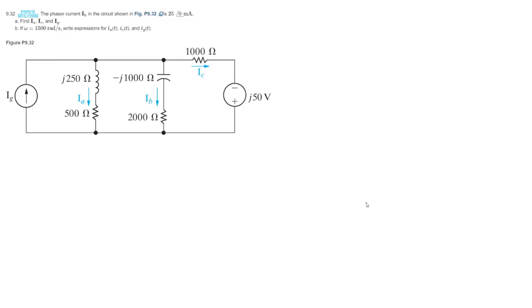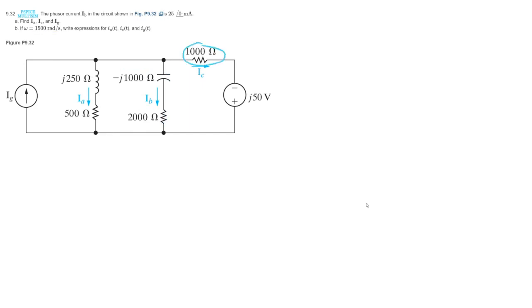Our next problem seems a little intimidating at first with all these components, but it's really not too bad. We're given these impedances, and the frequency is unknown. I believe it's 1500 radians per second, but it's not important.